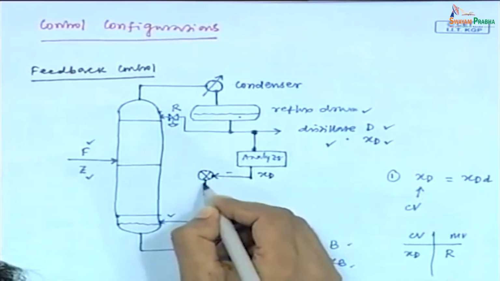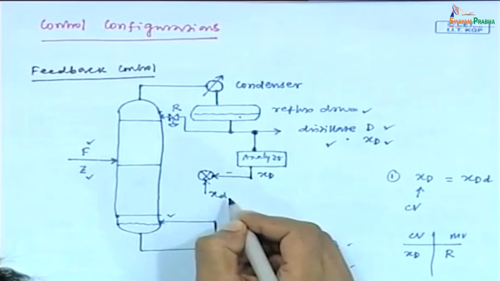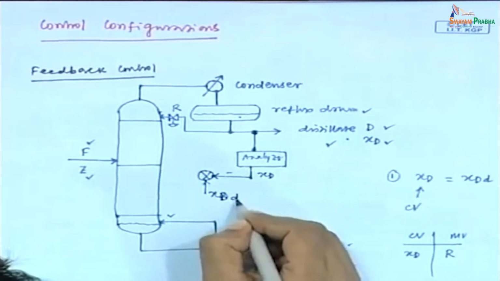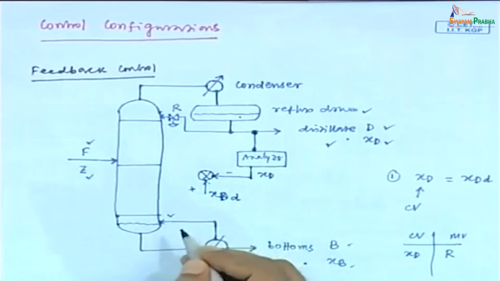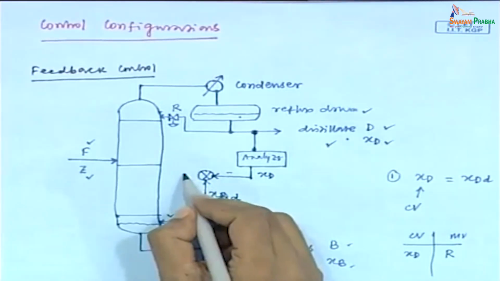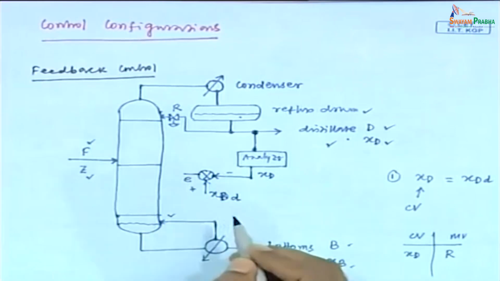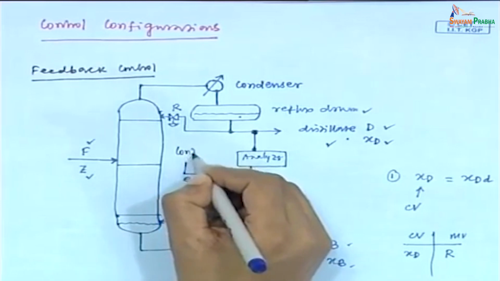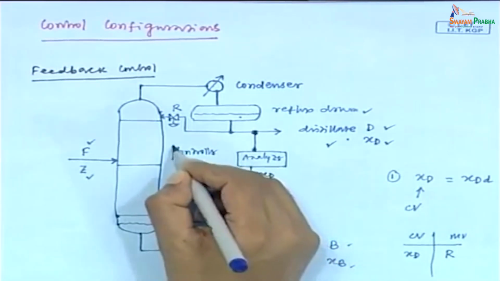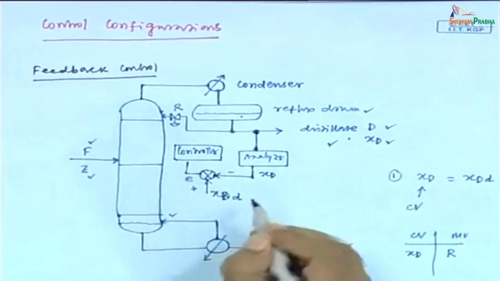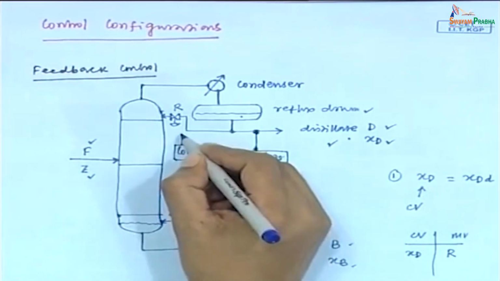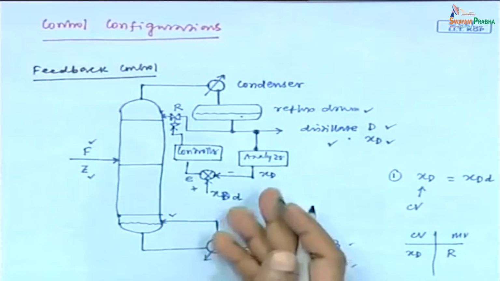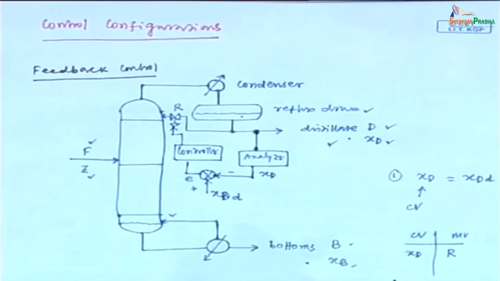This is negative and this is XD, and this is XD desired, which is positive. Then we get the error signal. This error signal goes to the composition controller. Then the control action is implemented through this valve. So, this is the control configuration.